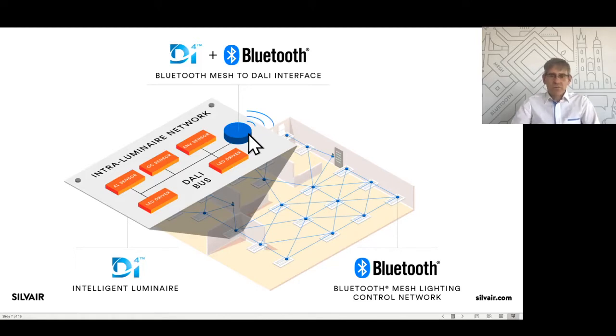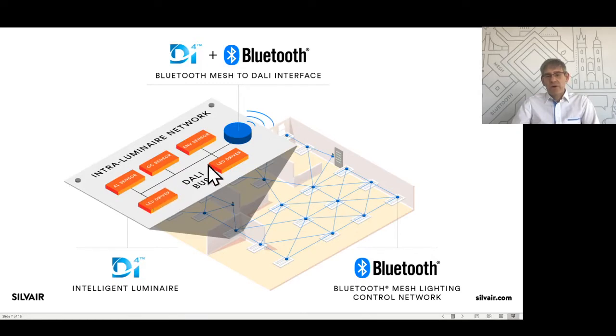Many of you already are convinced that DALI is a great system to interconnect components inside a luminaire. So inside a luminaire, we may have multiple drivers. They are connected on a DALI bus. And you may have sensors, which are also connected on the DALI bus. And you may have multiple types of sensors: occupancy, ambient light, and perhaps more.